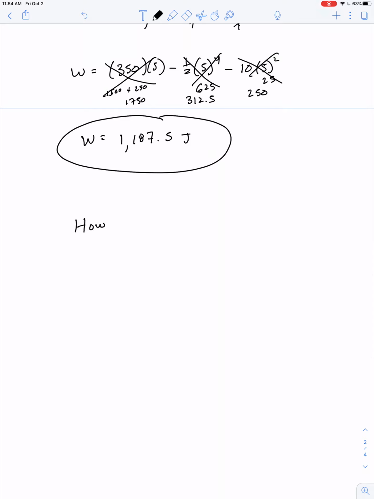All right, now let me just give you a little more insight into this method for calculating work. How to calculate work. Case 1, if force is constant, then we'll just say work is equal to the dot product of that constant force multiplied by some overall displacement.